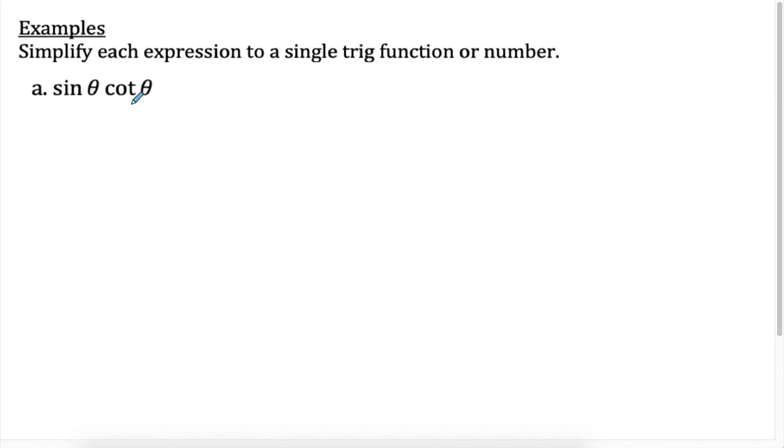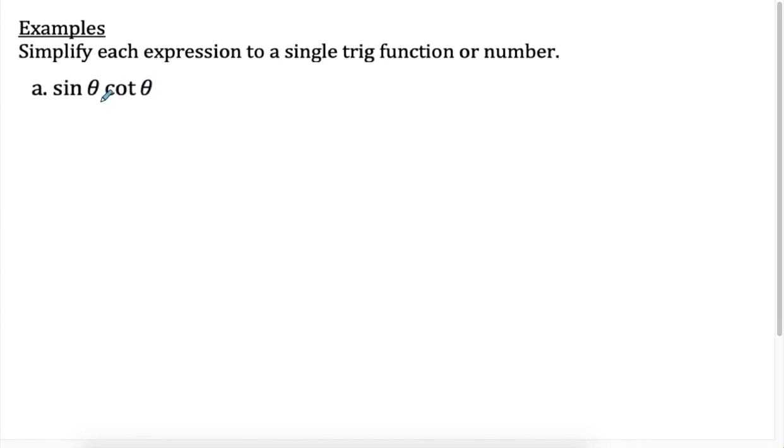I know that cotangent is equal to cosine over sine. Sometimes with these problems, we just want to start changing things and see what happens. But hopefully, as we get a little bit more practiced, we'll be able to recognize things that might work a little bit better. And we'll talk about some specific strategies as we go along here. But we're starting with some fairly simple ones.